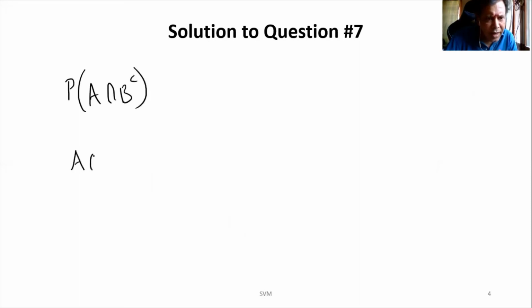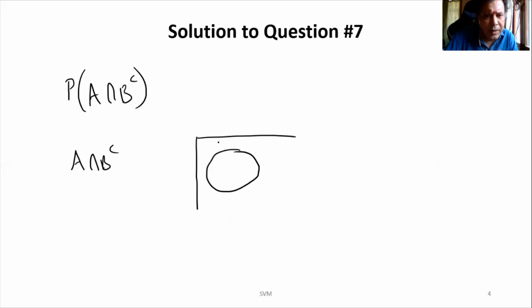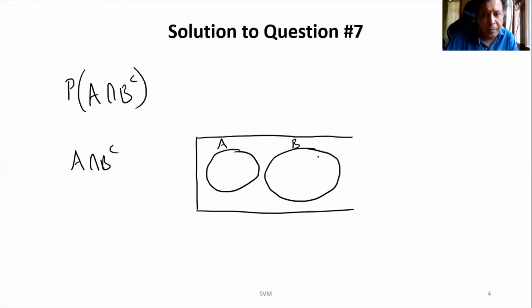Primarily, let us understand A intersection B complement. The question clearly says that both A and B are mutually exclusive. So as a Venn diagram, I can represent this one as A. I have to represent A and B as disjoint because they are mutually exclusive. So let me put this as B. The question talks about B complement. B complement means everything but not B. So the shading will be done like this.